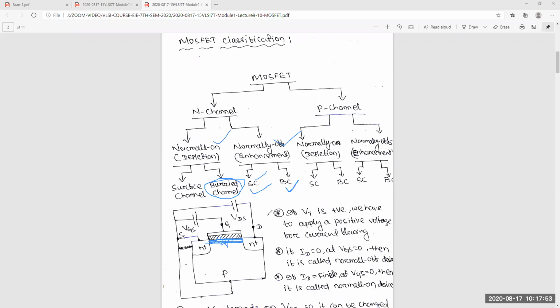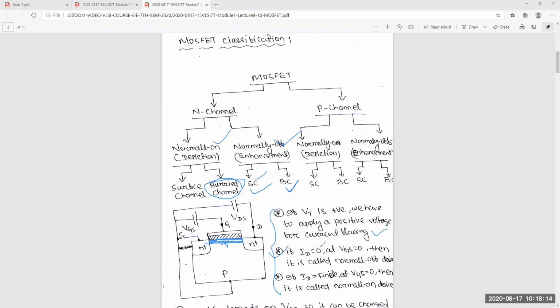Yes, sir. So here it's surface channel, SC, and buried channel. Basic. In the text I have written, if VT is positive, we have to apply a positive voltage for current flowing. These two points are very important.